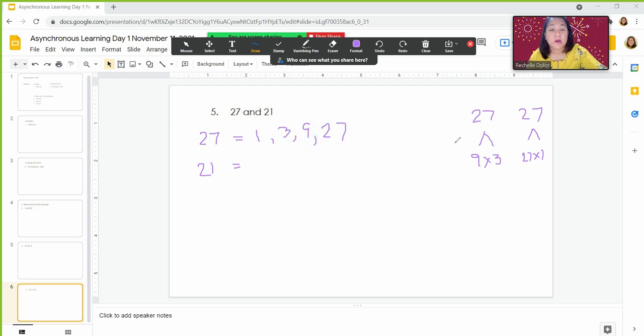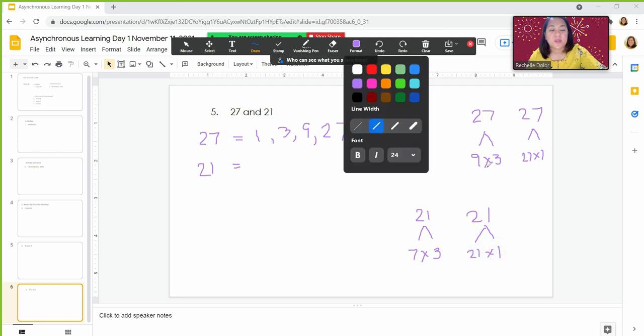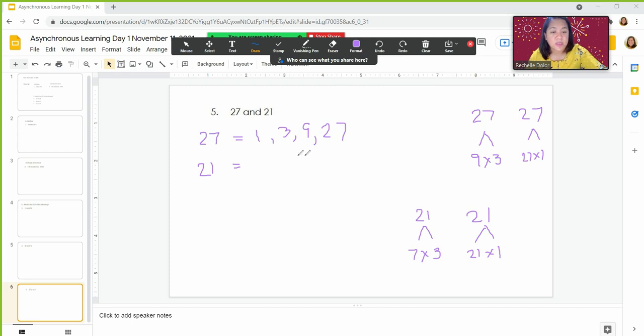How about 21? The factors of 21 are 7 times 3 and 21 times 1, and that's it. Arranged from least to greatest: 1, 3, 7, and 21.